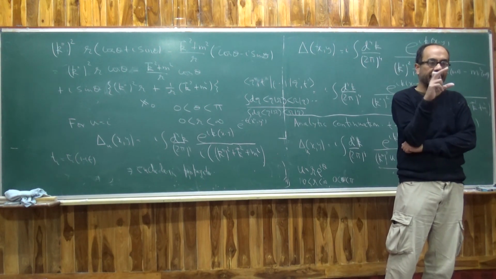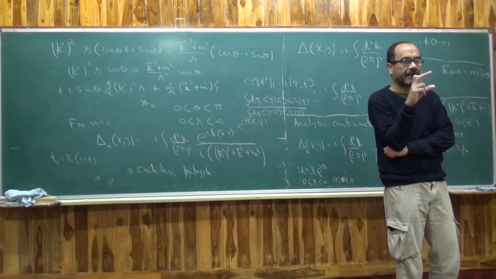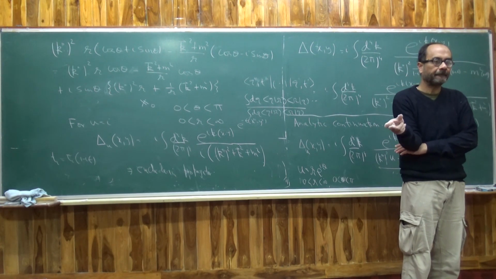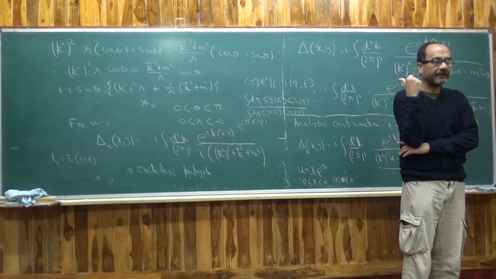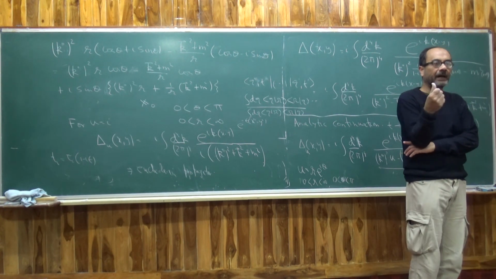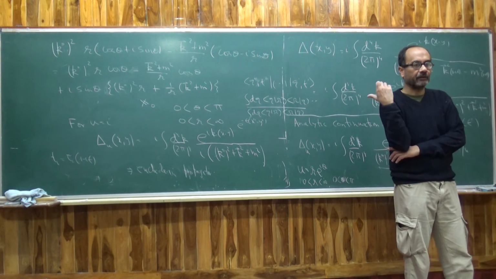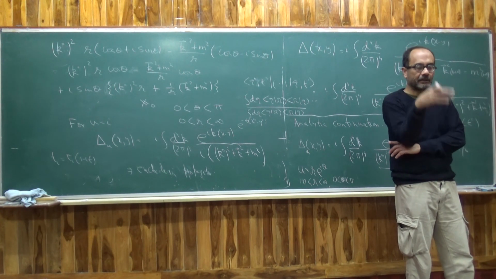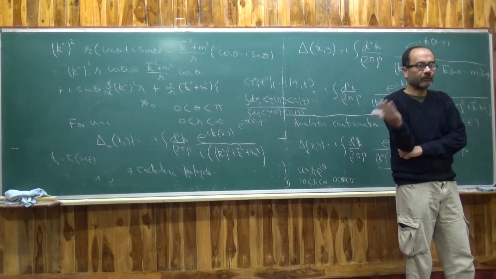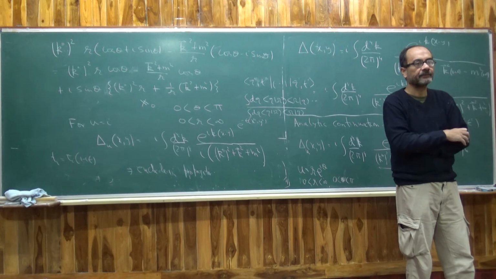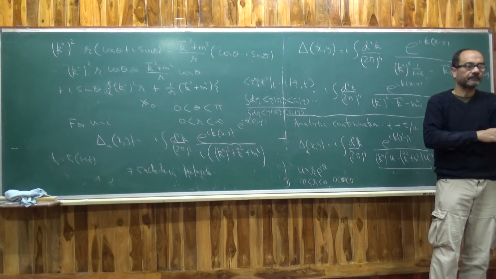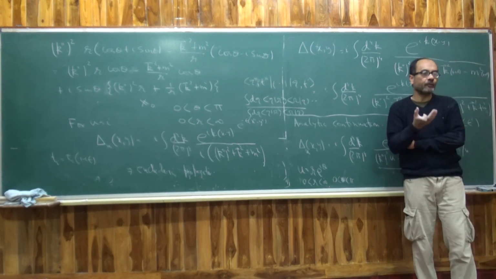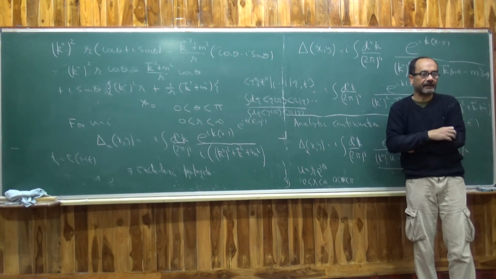If you know the value of the function in a certain interval, then you can analytically continue. That's why you needed the small r. If you had just known the value at u equal to i, you couldn't have done the analytic continuation. But as long as you know it for a certain range, you can do the analytic continuation to the real axis. But at the end, there is no dependence on small r, because you are coming back to u equal to 1.